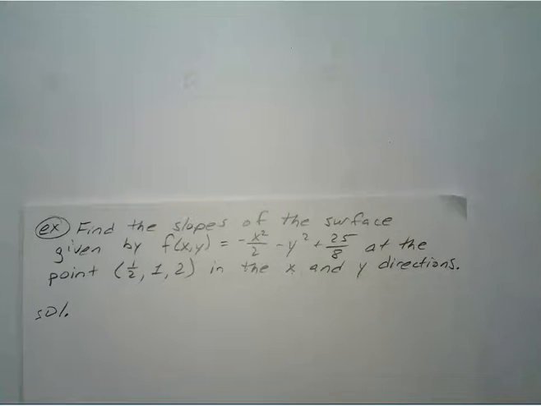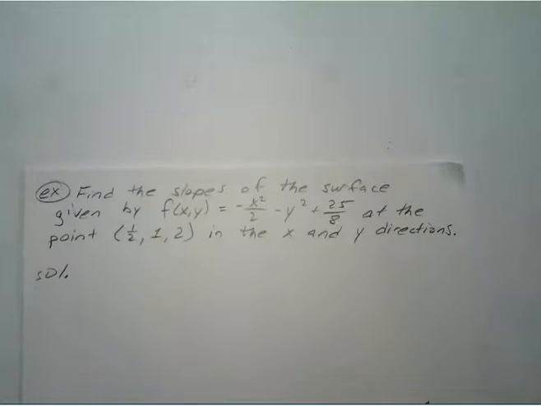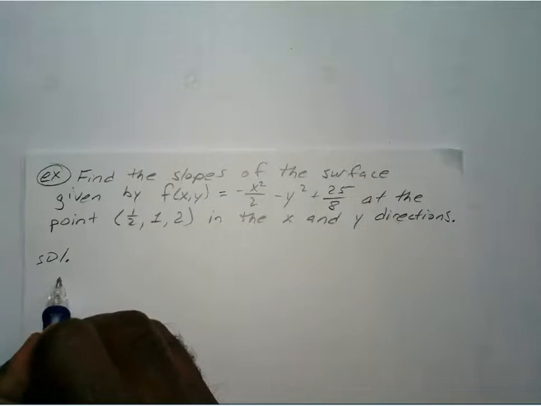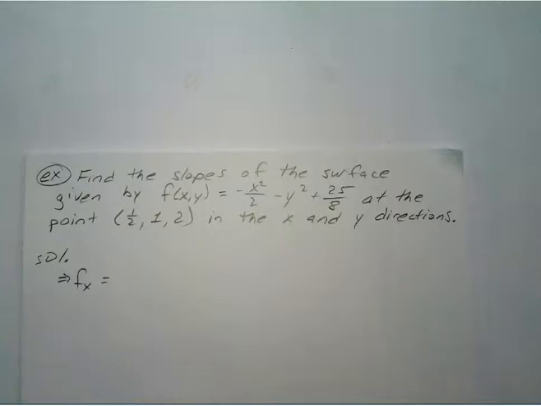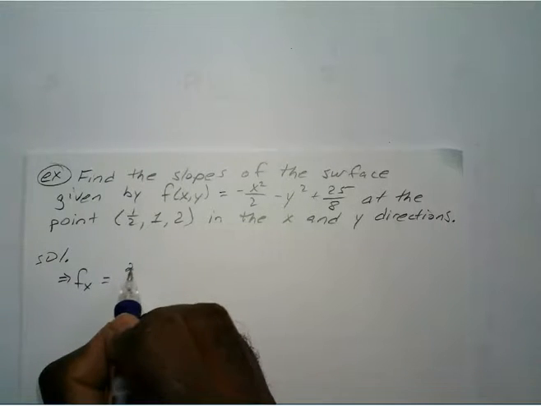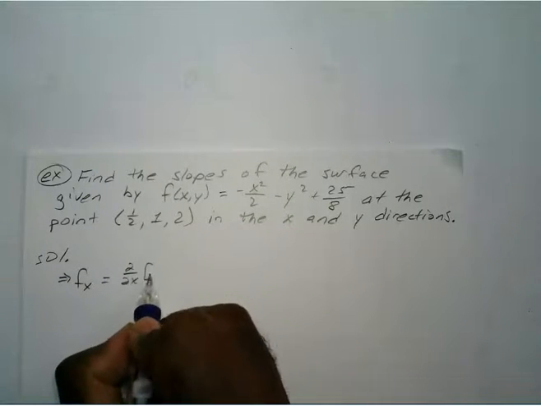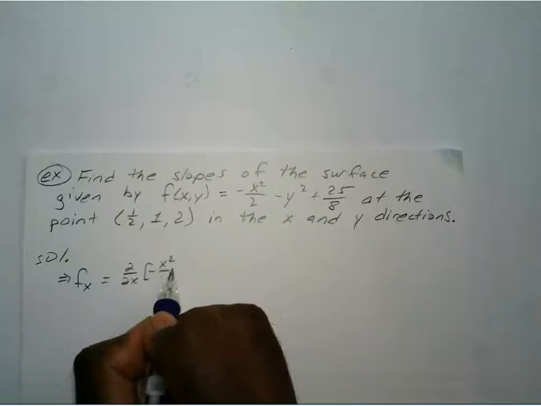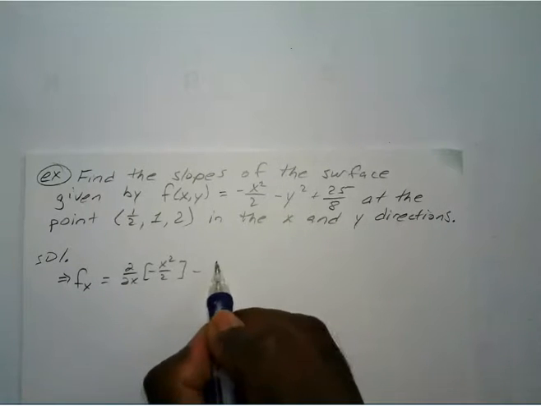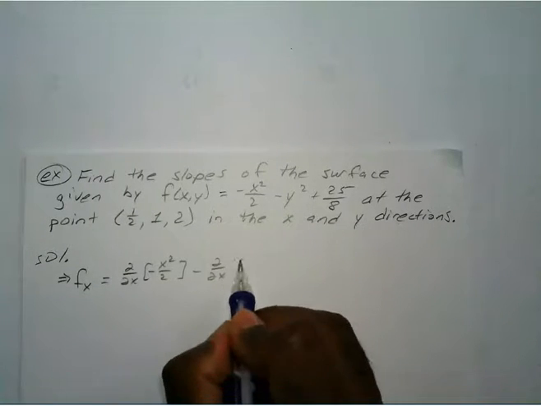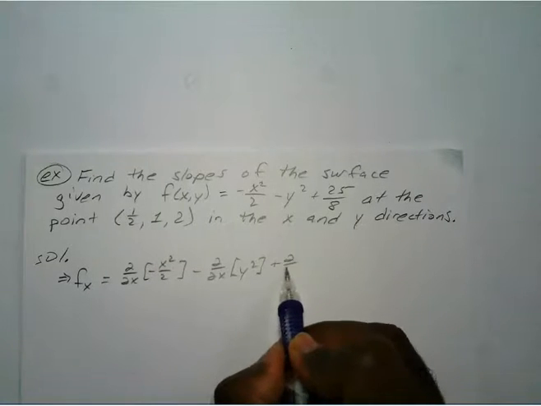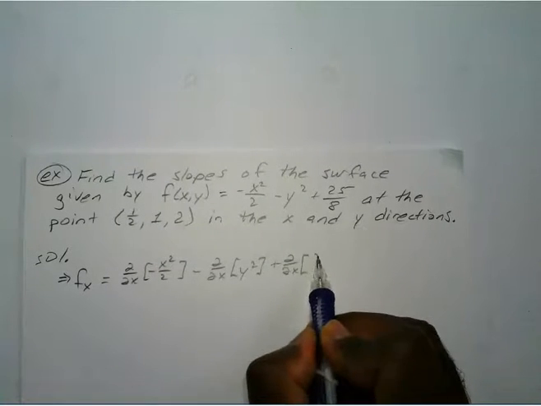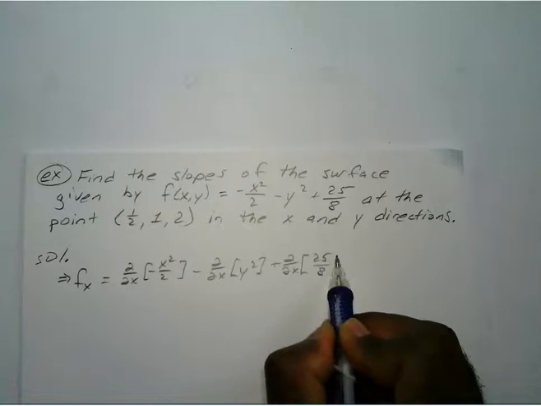Okay, so the first thing we're going to do is find our partial with respect to x. So that's going to equal the partial with respect to x of negative x squared over 2 minus the partial with respect to x of y squared plus the partial with respect to x of 25 over 8.